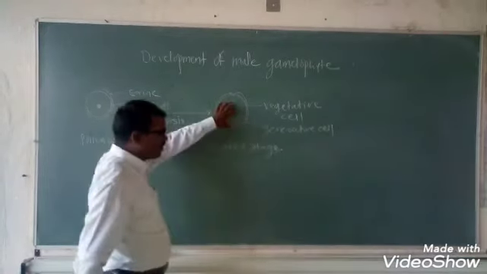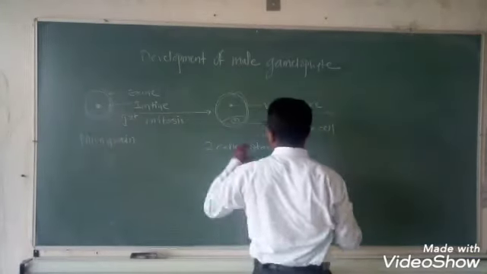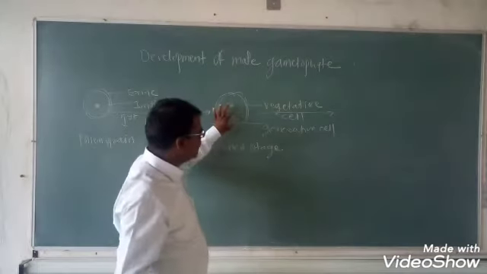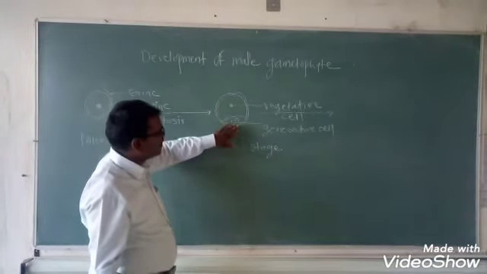of the pollen grain. In this two-celled stage, the generative cell detaches from the wall.